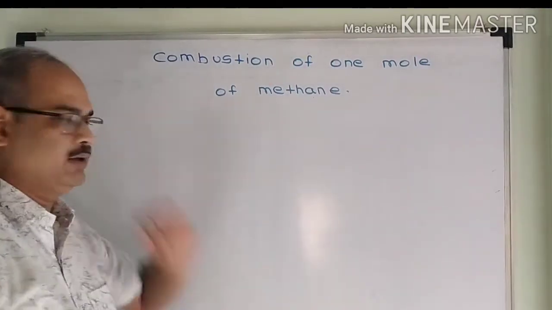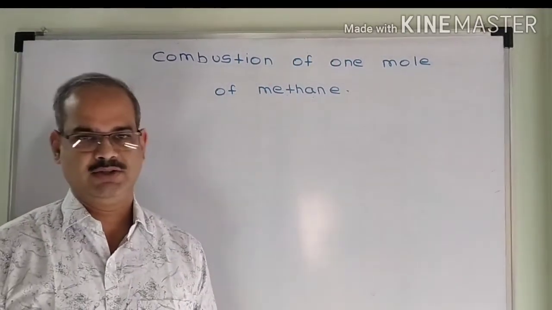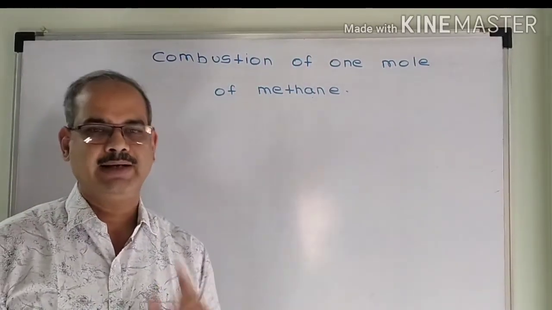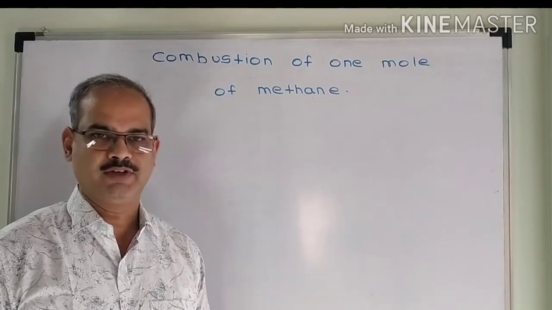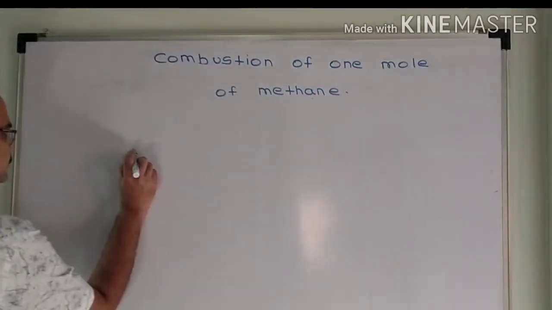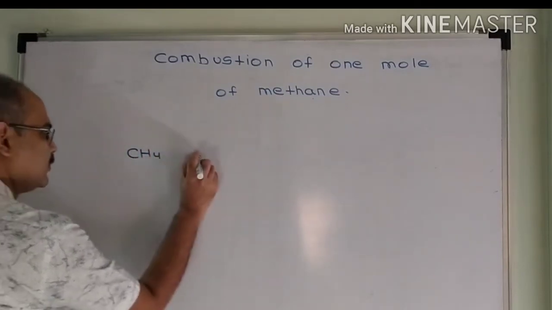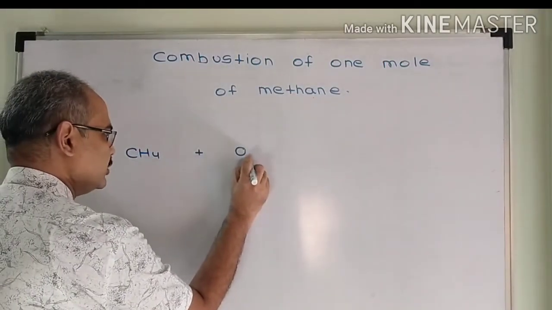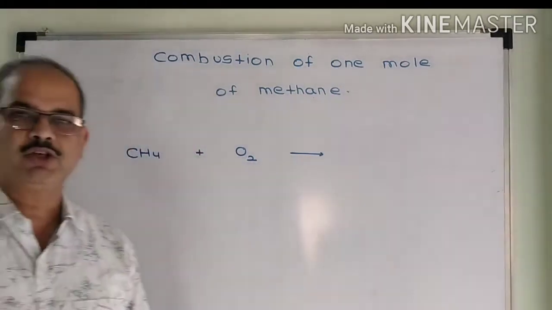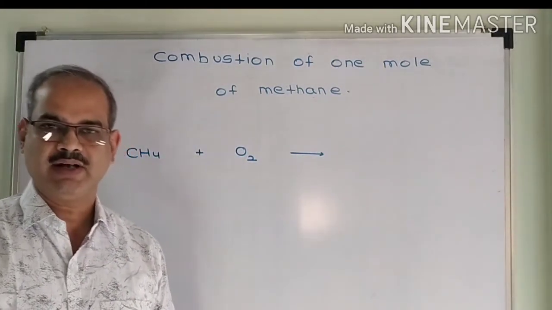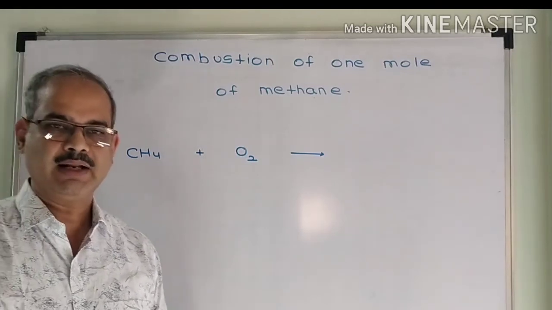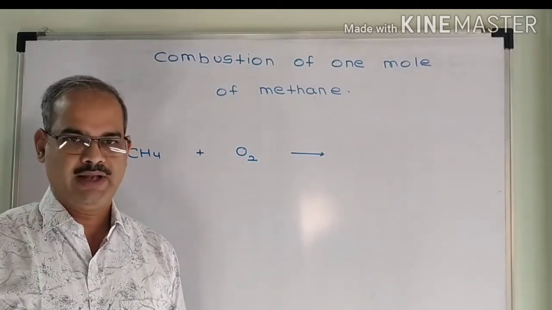We all know that combustion means reaction with oxygen. So first we have to write down the basic skeleton of the equation of this particular reaction. Now one of the reactants is methane. The second reactant is oxygen. We all know that on combustion any substance gives rise to the stable oxides of the elements that are involved in that particular reactant.